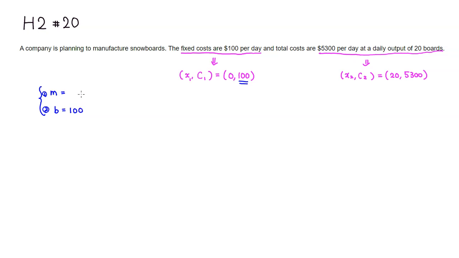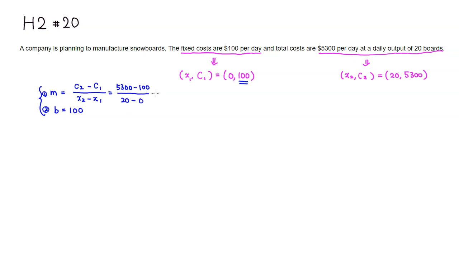The slope is going to be C2 minus C1 over x2 minus x1. This gives you 5,300 minus C1, which is 100, over 20 boards minus 0.